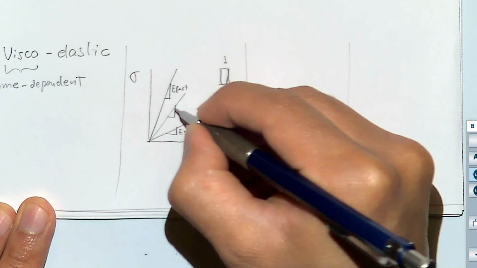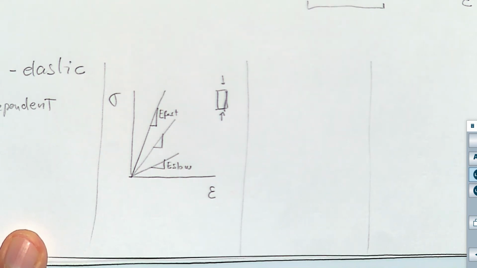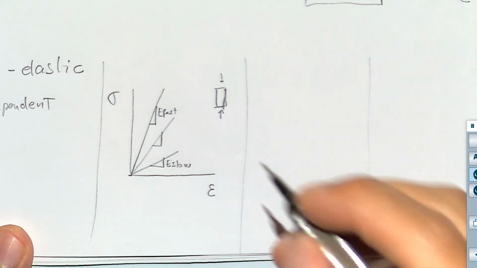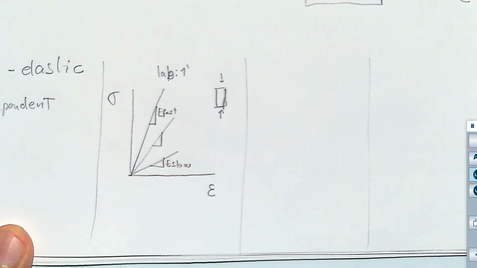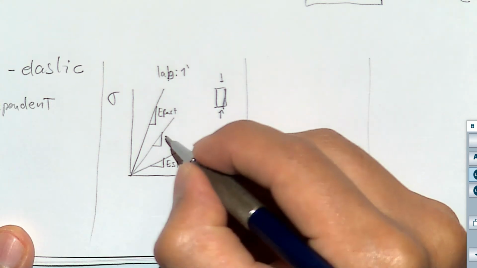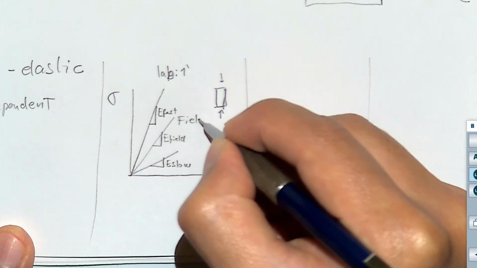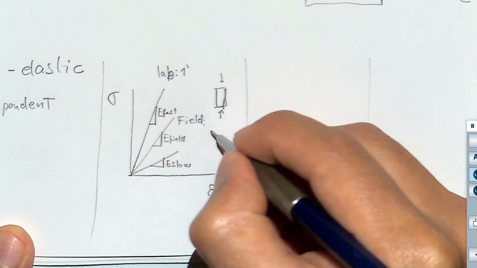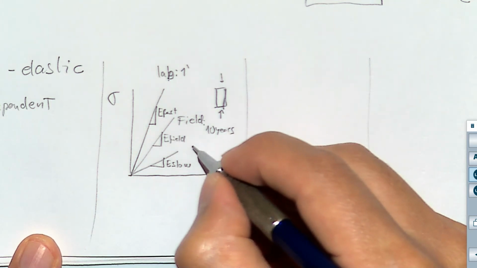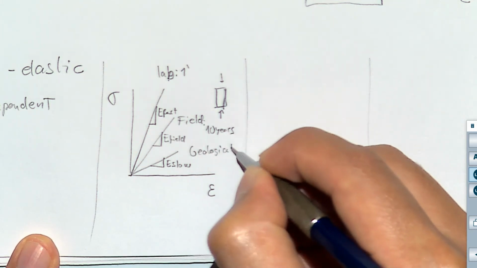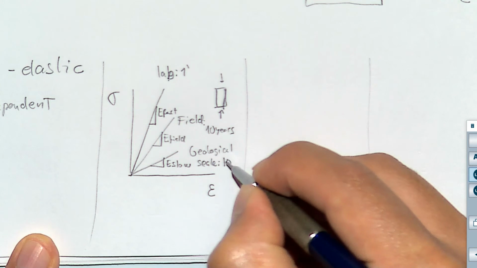For example, you may have the same rock and it will give you completely different Young moduli, either if you do it in the laboratory in the term of 1 minute or a few minutes, or if you do it, for example, in the field in 10 years, during depletion, or if you do it over geological scale in 1 million years.